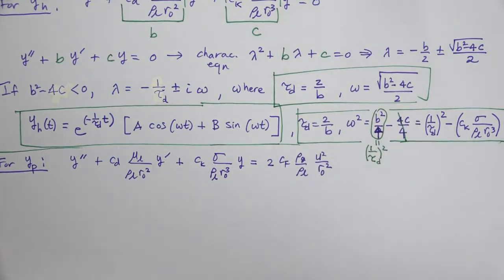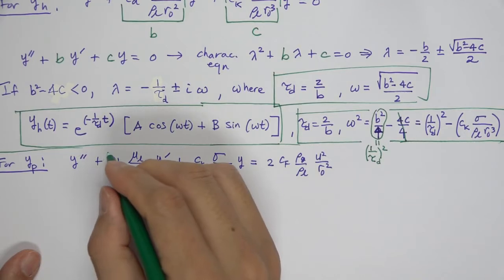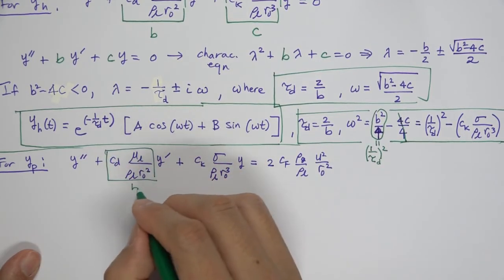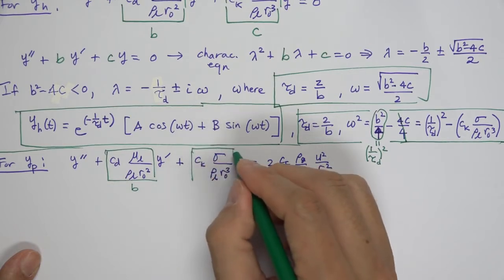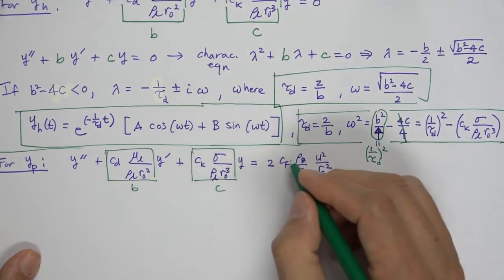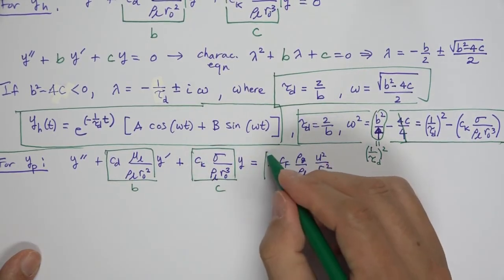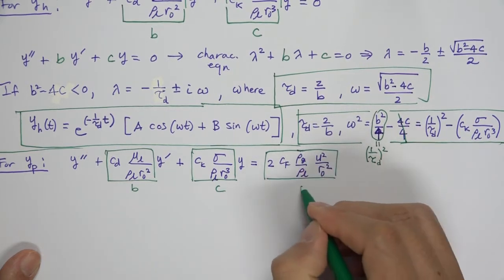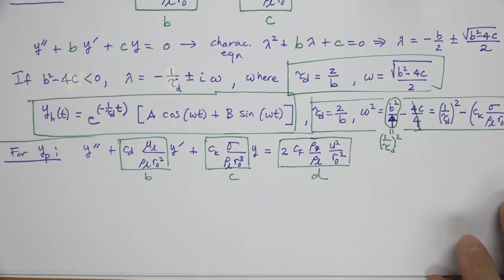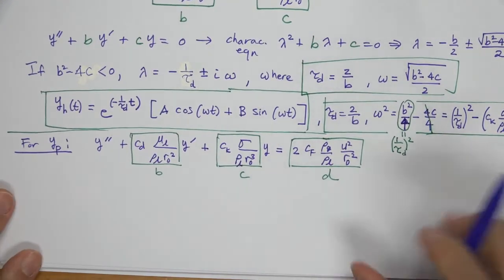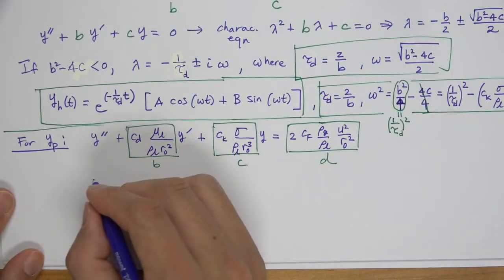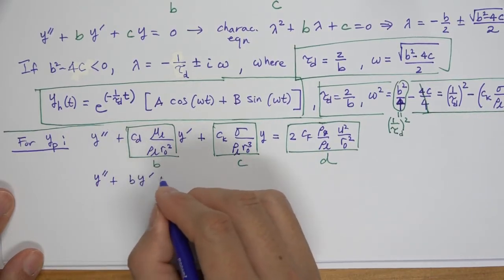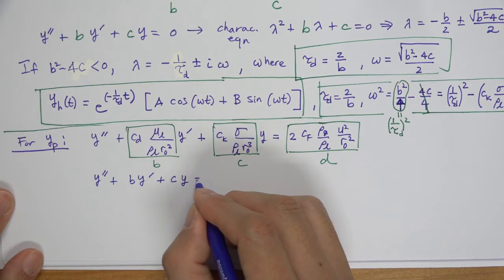Now I'll call this thing B, I'll call this thing C, I'll call this entire thing D. Then I know y double prime plus b y prime plus c y is equal to d.